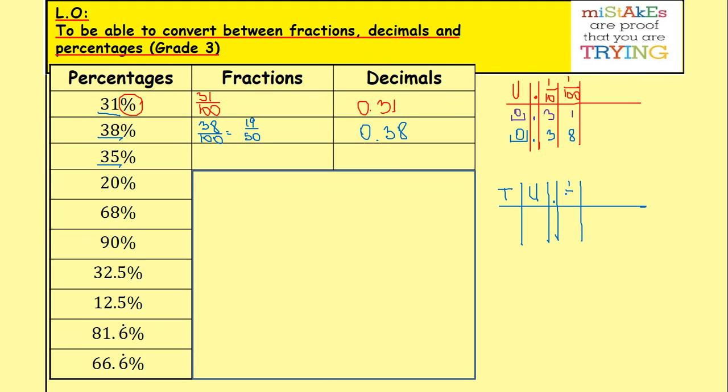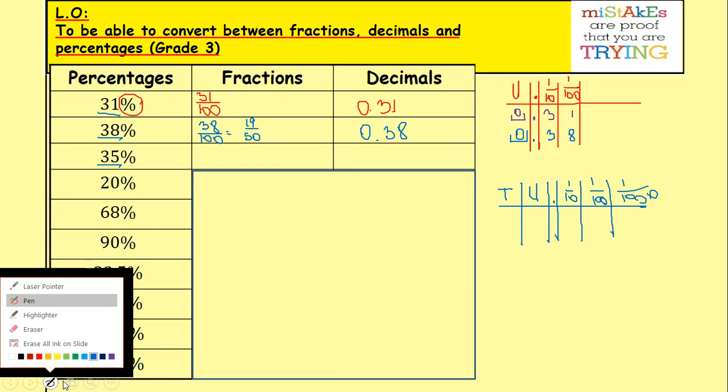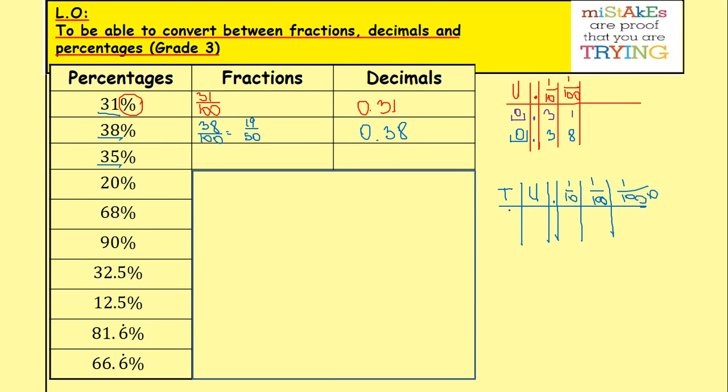So this is 1/10, which is tenths, hundredths, and thousandths. Now if I put my number 35 into the place value table, it's going to be here, 35, and I don't need to do anything else, isn't it?